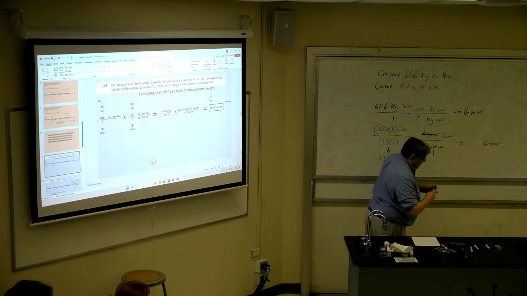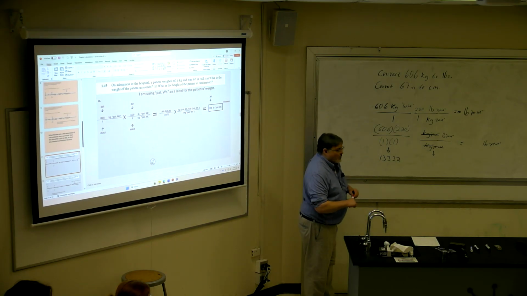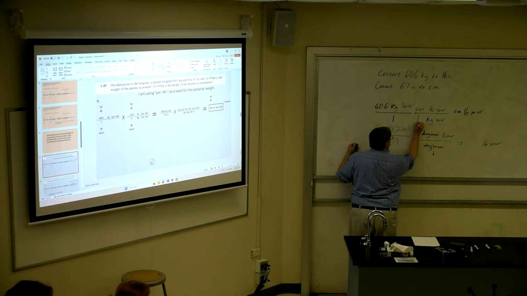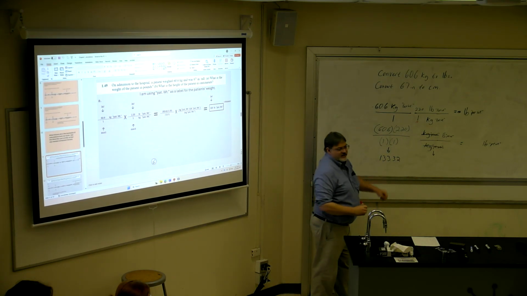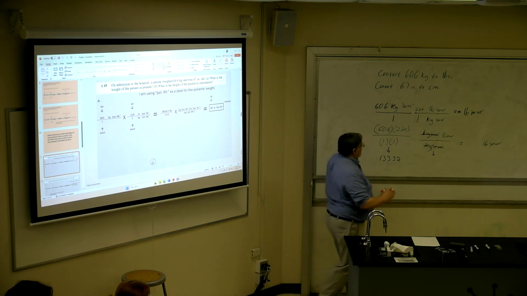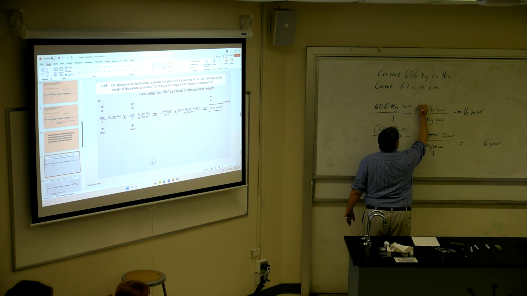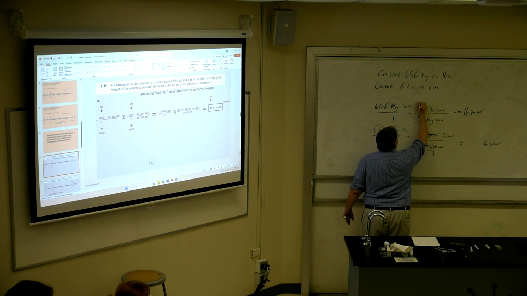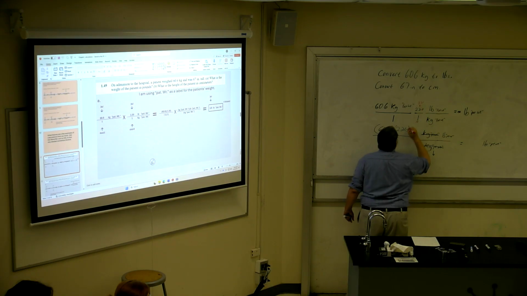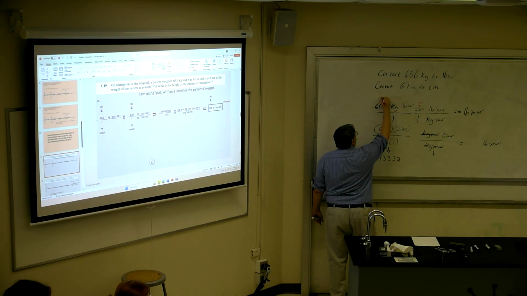You go back here, or maybe you can just look here, but when you do metric to English, there's a 1, always a 1. That's exact. That means it's infinite significant figures. It means you don't have to consider it for significant figures. And then there's one that isn't a 1, and that one you do include for significant figures.